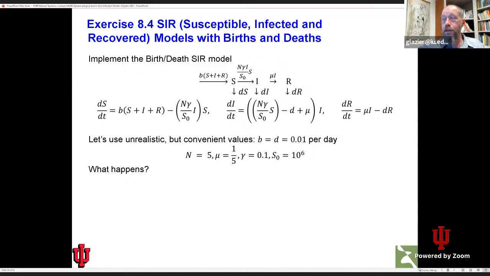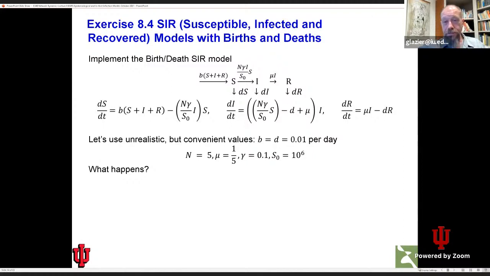And then I tried 0.001. And then I actually tried something that was correct, where B is equal to D is both equal to 1 over 80 times 365. And the results are actually a little bit interesting for those 3 cases.